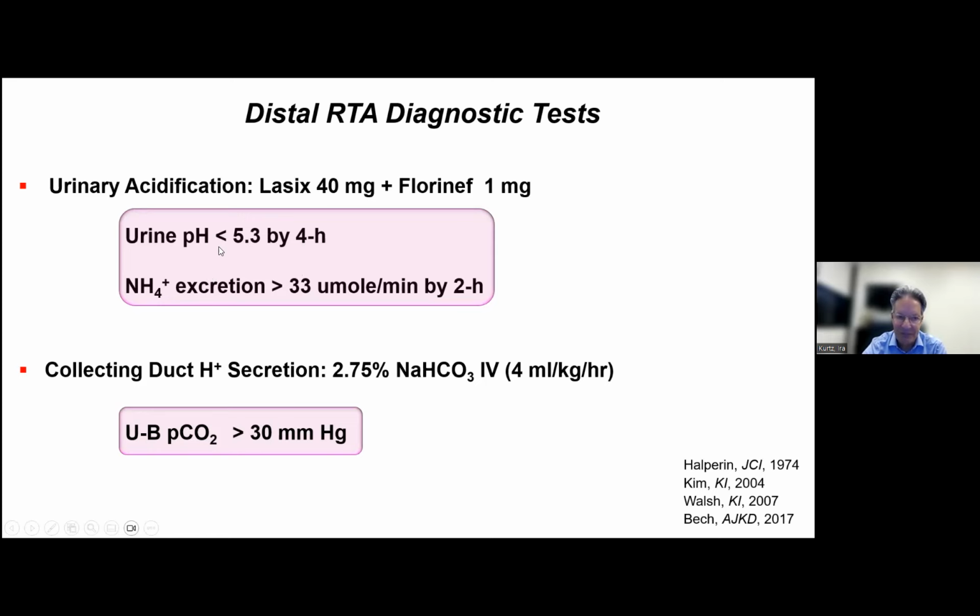Now, they could have incomplete RTA with decreased ammonia excretion. So some people also measure the amount of ammonia in the urine. By the 2nd hour, that's how much ammonia should be coming out per minute. You measure it over a few time points. Given that we can measure ammonia now at UCLA, this is something that could be done.